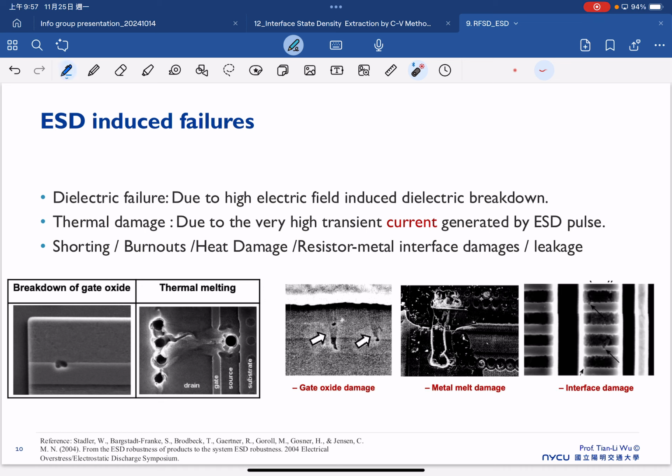So as we already showed, once latch up is happening, this is our ID-VD curve, and if suddenly our transistor suffers a very high electrostatic stress, that means suddenly a very high bias is applied to our transistor, and this high bias is mainly due to the ESD event.